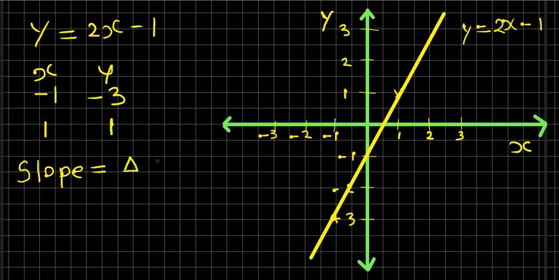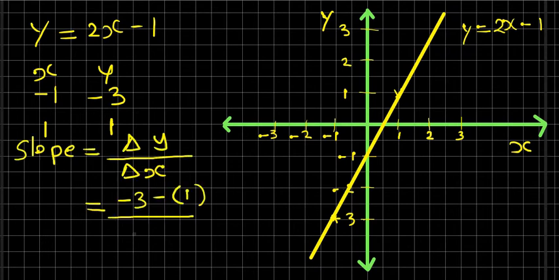Change is denoted by the delta sign. Delta y divided by delta x. That is minus 3 minus 1 divided by minus 1 minus 1. Minus 3 minus 1 is minus 4. Minus 1 minus 1 is minus 2. Therefore, we get our answer as plus 2. In this case, our slope is positive.